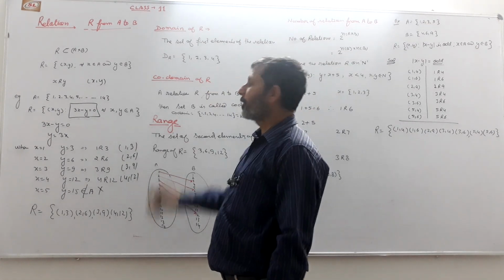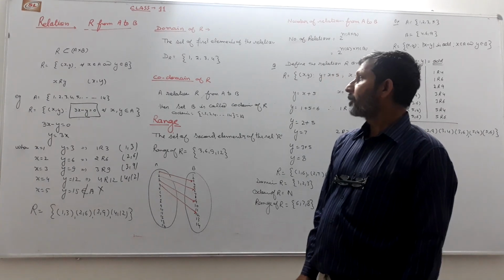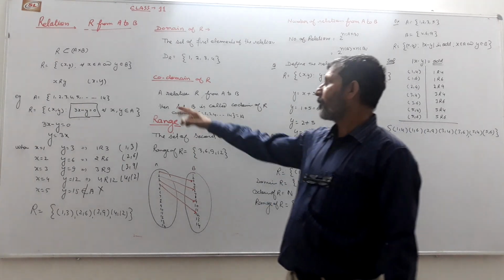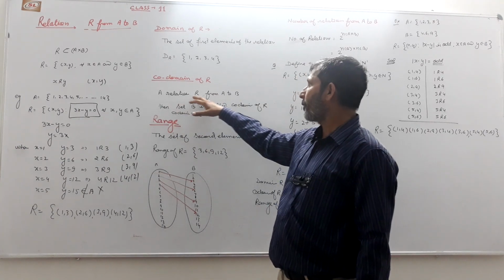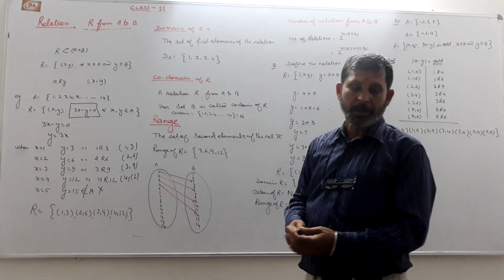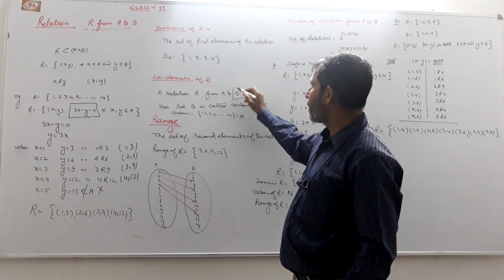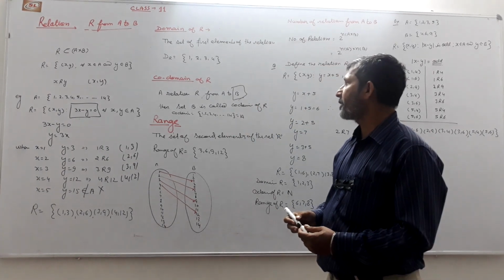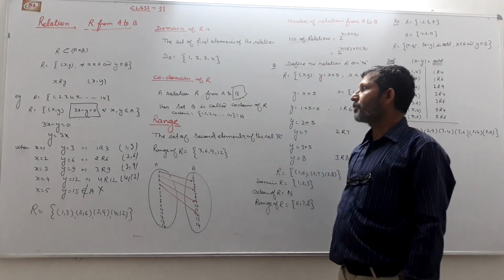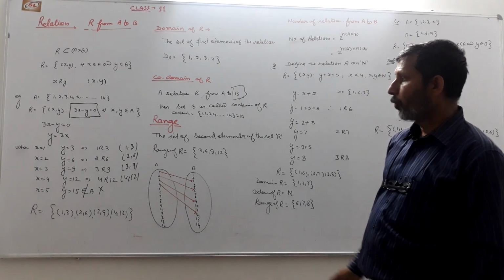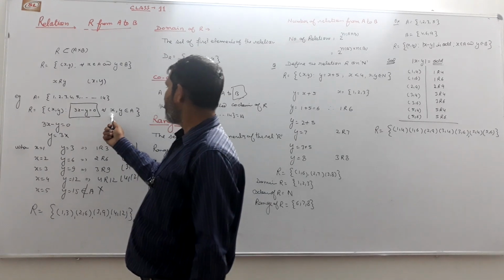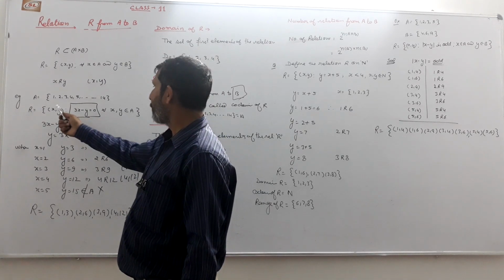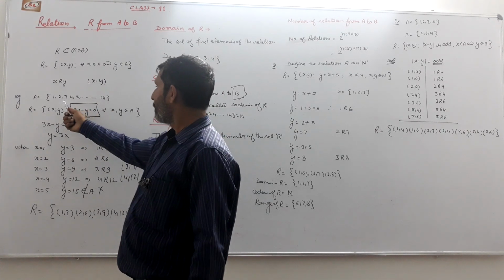Second, the codomain of the relation. The codomain is the second set. Let me suppose that R is a relation from A to B. Therefore this set B is known as the codomain, the whole set B. In this question, because the relation R is defined from A to A, what is the codomain?